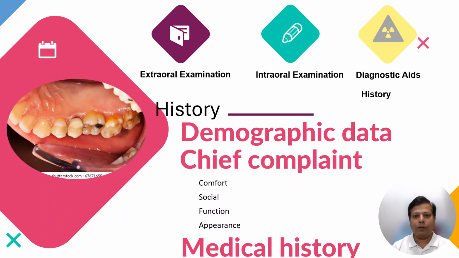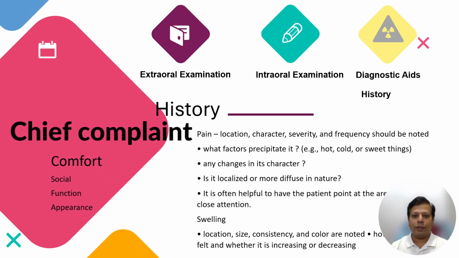In chief complaint, we generally record the complaint based on four basic types, that is comfort, social, function, and appearance. In comfort, we generally record pain, that is the location, the character of the pain, the severity, the frequency, whether there are any factors which precipitate this pain, and if it is localized or diffused in nature.